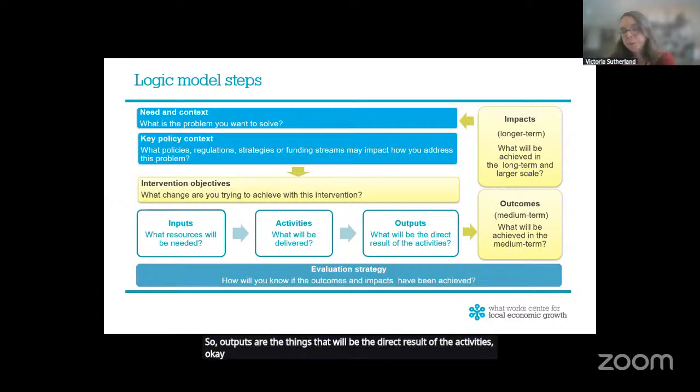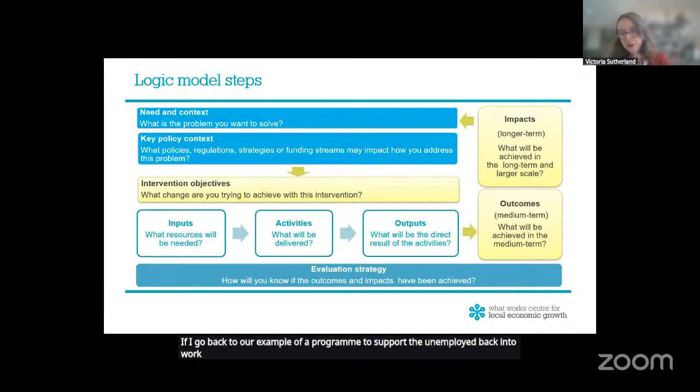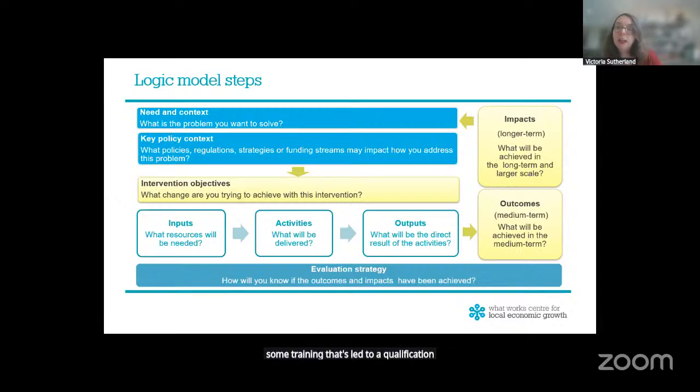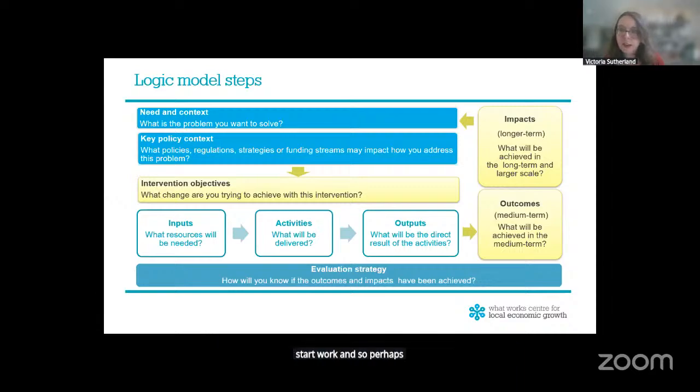Okay, so if I go back to our example of a program to support the unemployed back into work, let's assume that that's a program that has provided some training that's led to a qualification in an area where we know employers have demand for workers, but they need the qualification to be able to start work. So perhaps care would be a good example there. The completing the training and getting the qualification are the outputs.